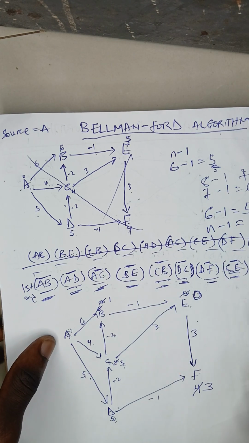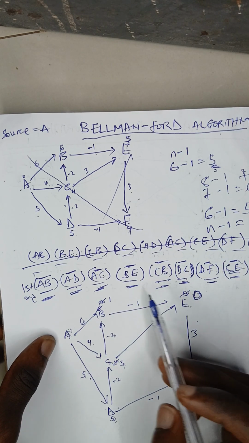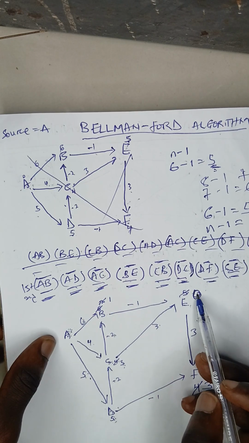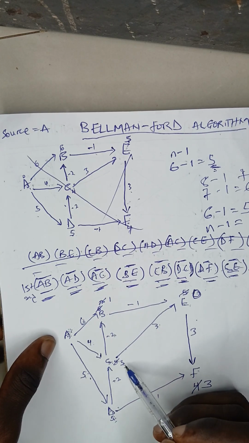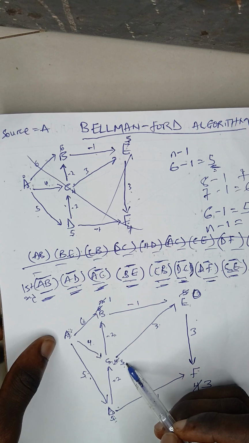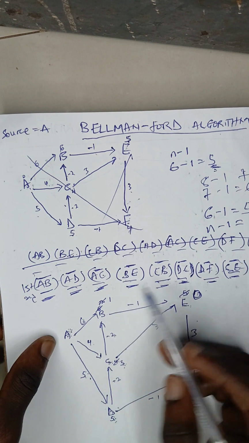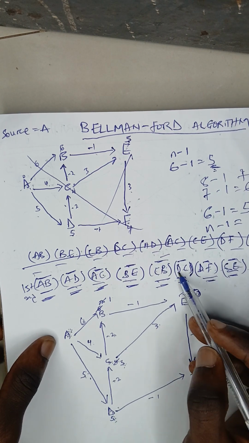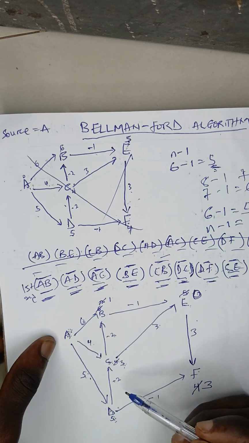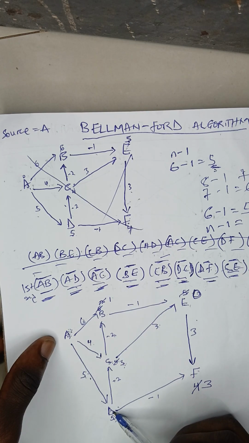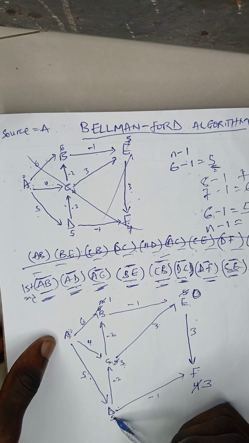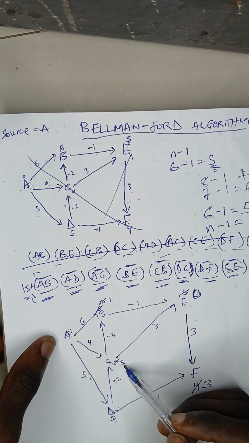BE. 1 minus 1 already 0. CB. 3 minus 2, that is 1. Good. DC. D is 5. 5 minus 2, that will give us 3.